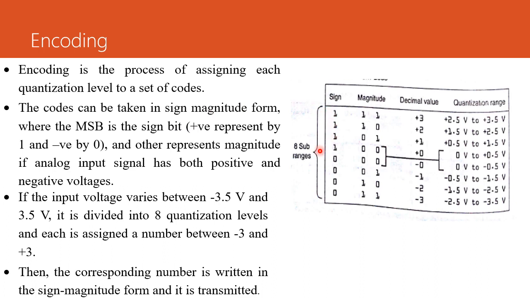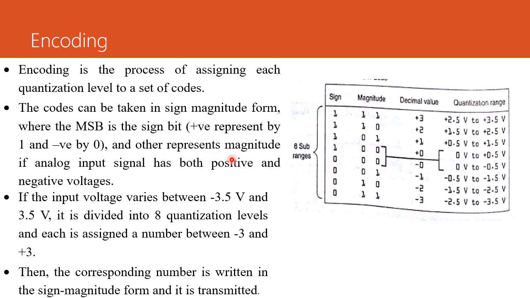If it is a positive value, then your MSB will be equal to 1. If your output voltage is negative, then your MSB will be equal to 0.